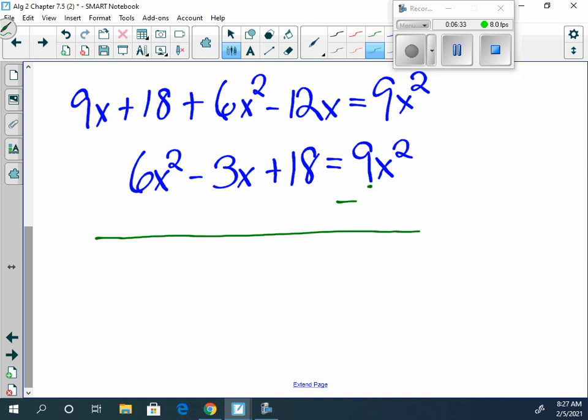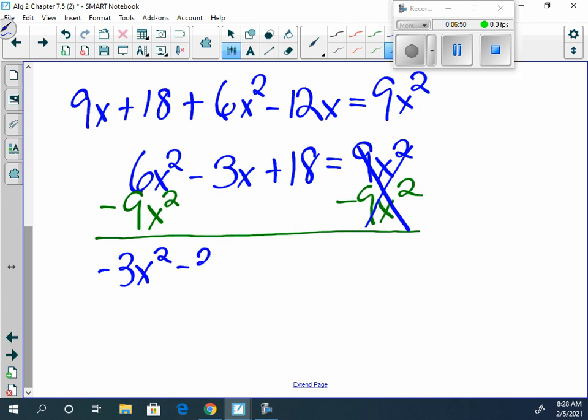But manipulating the numbers, I can subtract 9x squared over. 9x squared minus 9x squared would become 0. 6x squared minus 9x squared, well, that's negative 3x squared minus 3x plus 18 is equal to 0.